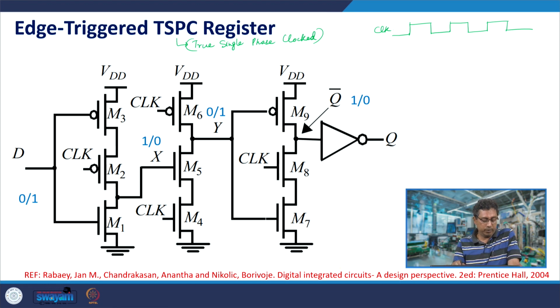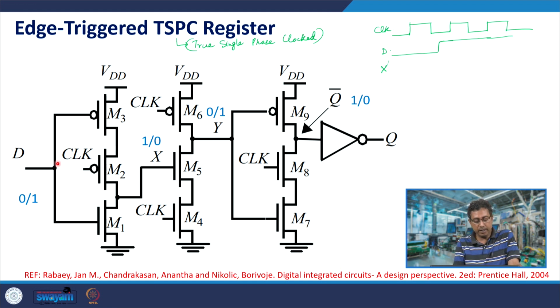Suppose the data D is 0 initially when the clock is 0, and it changes from 0 to VDD while the clock is 0. What would happen to the value of node X? The P MOSFET M2 is on when clock is 0, and M3 is on since data D is 0 initially.